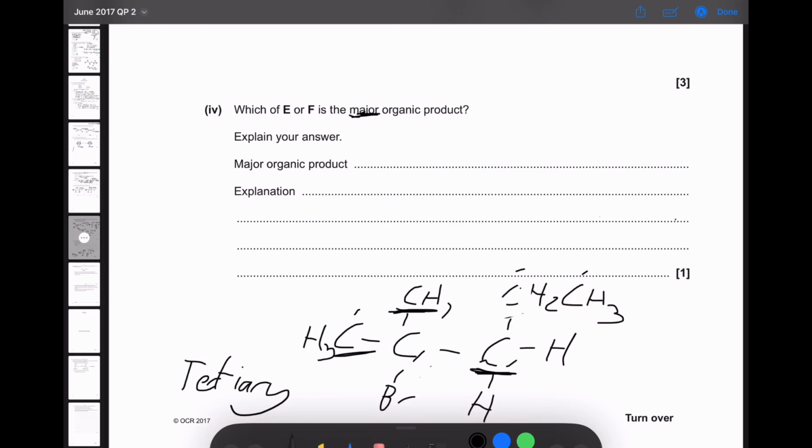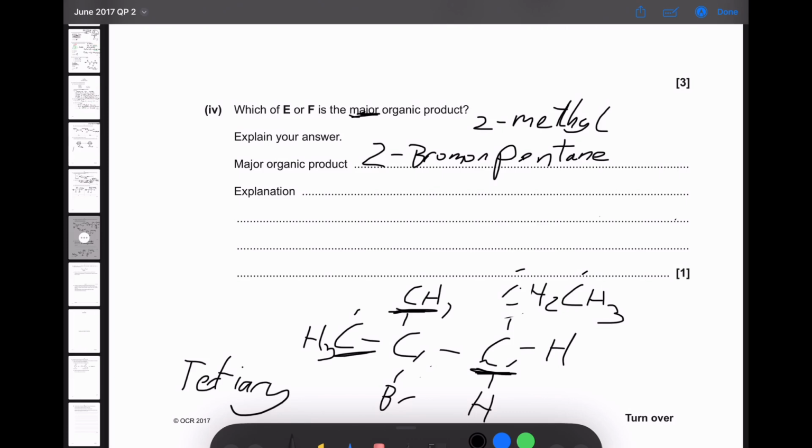So pentane, it's going to be some form of pentane. And then we've got a methyl group on the 2, and we've also got a bromo. So 2-bromo, run out of space, 2-methylpentane. Is that right? Yes, it is.